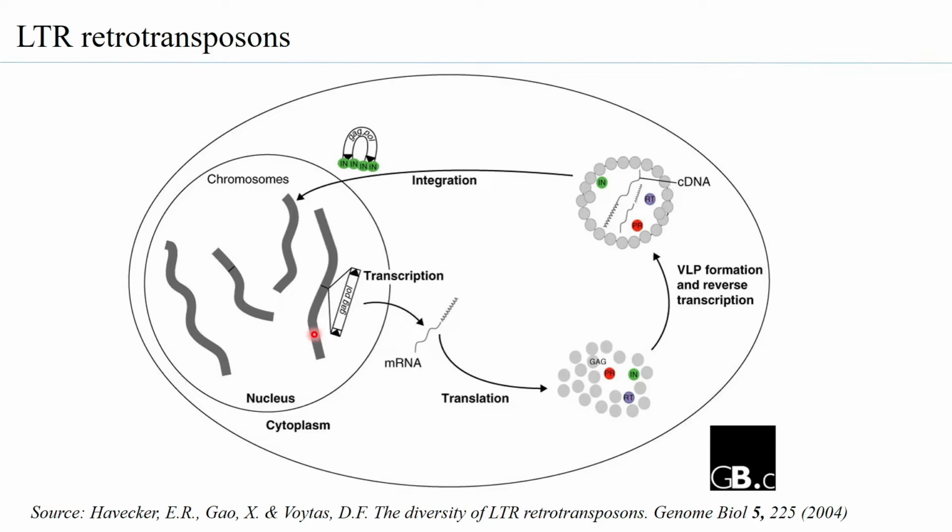Or if there is no regulation, then many copies will be formed, and the pasting of these copies into a particular target site or into a particular site in another chromosome may lead to disruption of the gene in which they have got incorporated. So these are things that have been observed with respect to the retrotransposon per se.